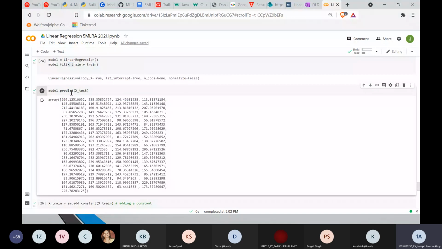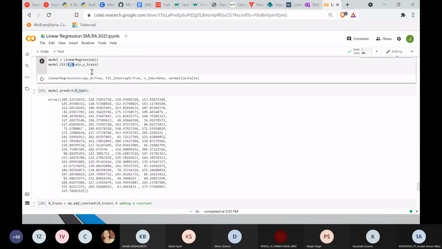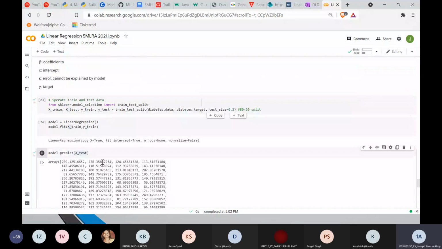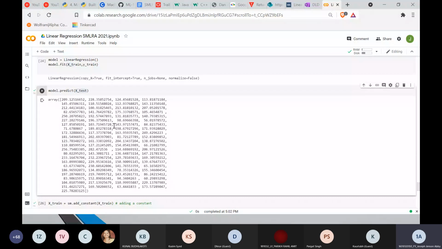When you do model.predict x test, after finding the relation between your x train and y train, what would the values look like? This is how the values would look. That is the 20% of the data, and now you will compare it with your y test, correct? So that you can understand this is the error, or how accurate my model is.